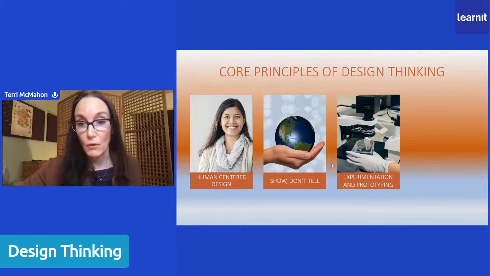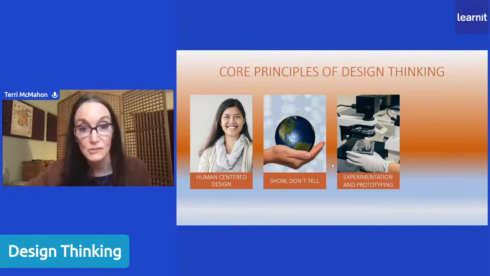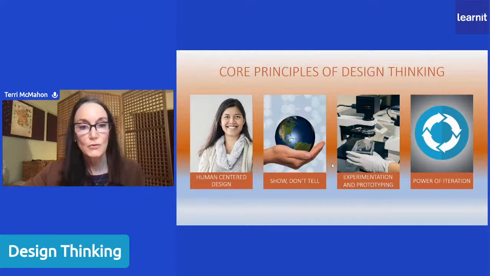Once you think about what the problem is and come up with some brainstormed solutions, you experiment, you prototype. And then the last one is you test. You test by the power of iteration, and you keep retesting till you figure out that that's the solution. And then you go with that to start with. So those are four principles of design thinking underneath the actual steps.